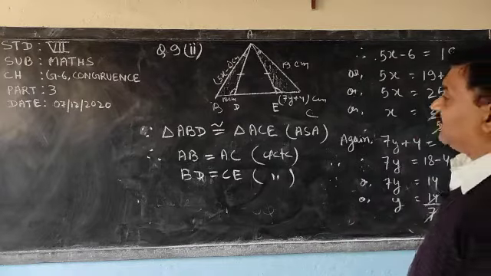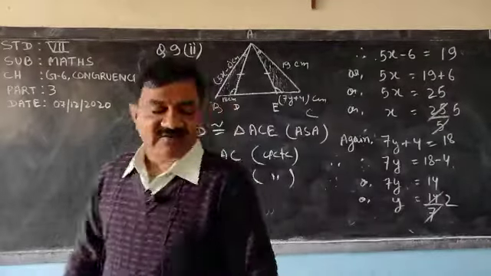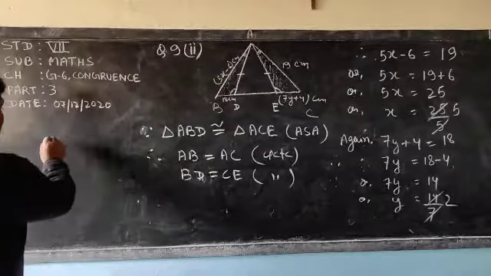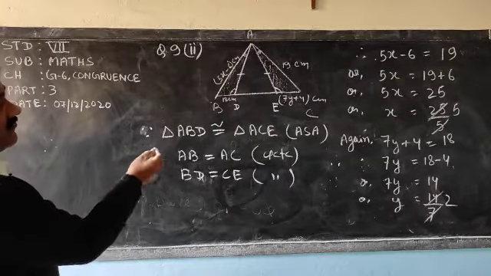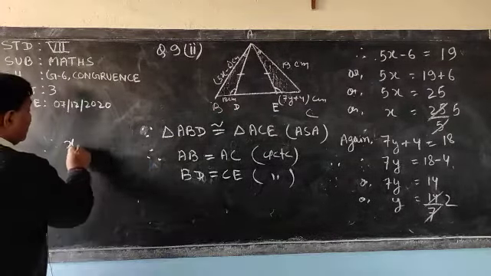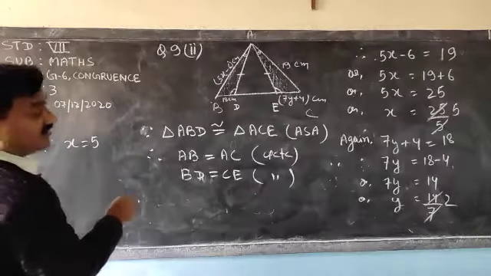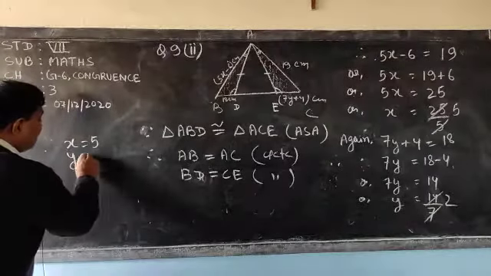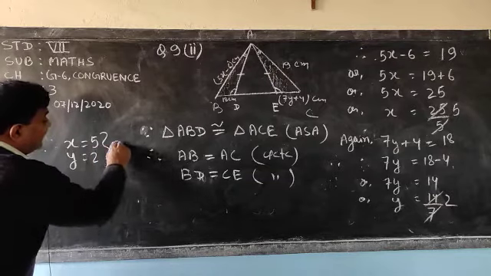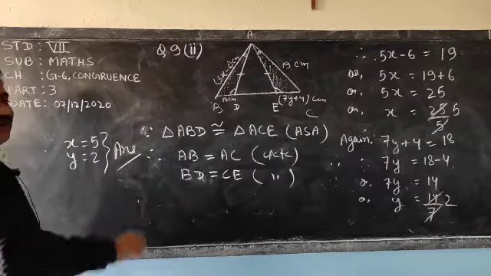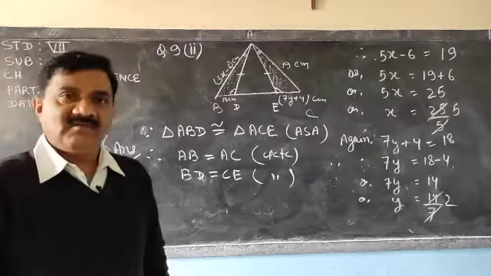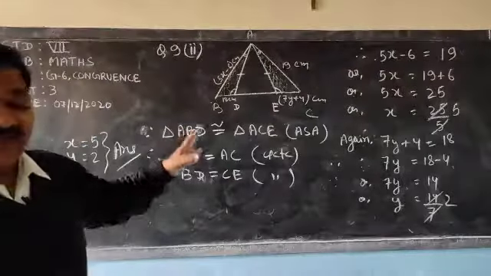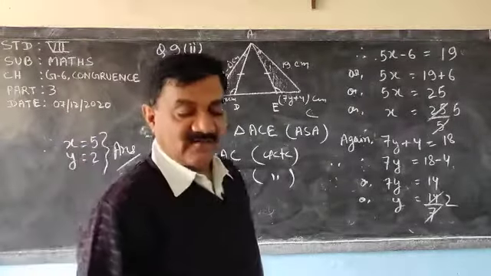So what will be the answer? The answer will be, therefore, x is equal to 5 and y is equal to 2, and this will be the answer. Very clear or not? So this way we have solved the question.